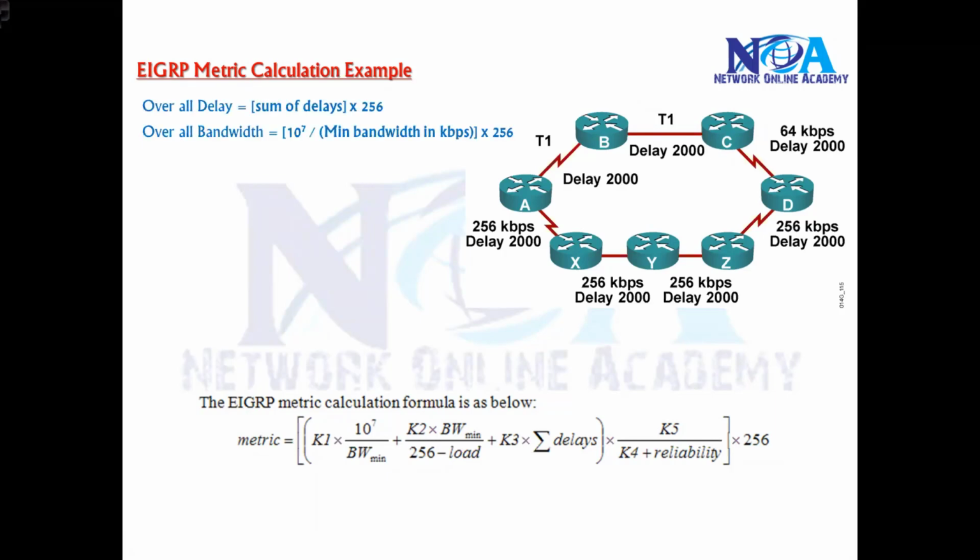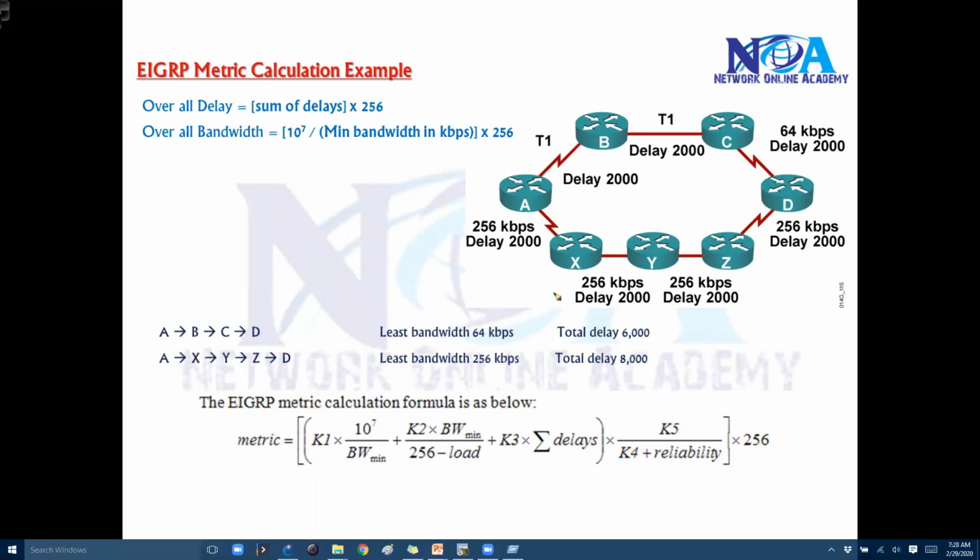Now, we always need to remember the overall delay will always be the sum of all the delays, which means in this example, if you're going from one path, like from A to D, this is one path. Now, from this path A, B, C, D, the default bandwidth is going to consider the least bandwidth.